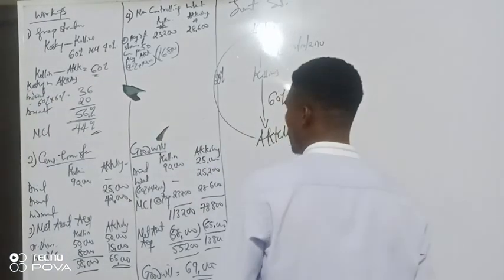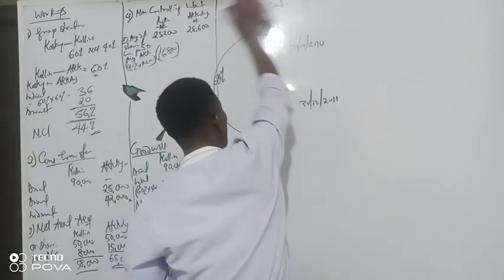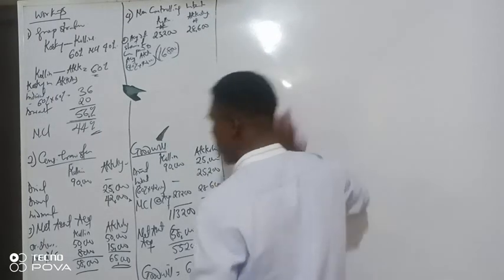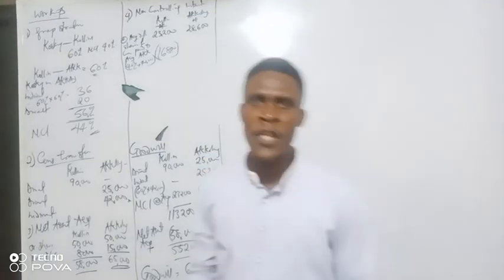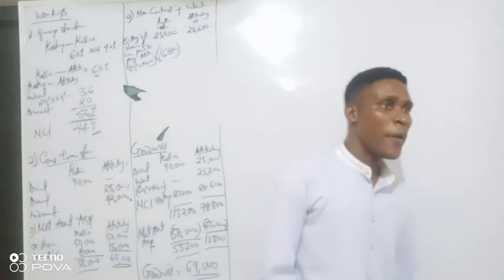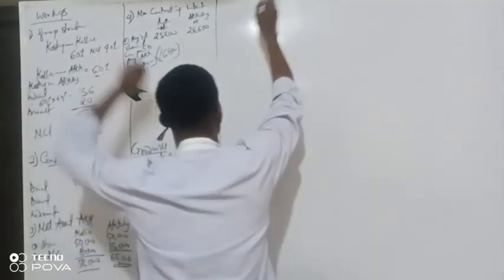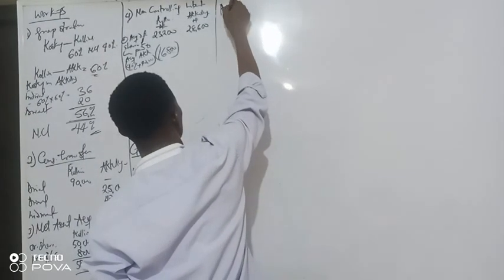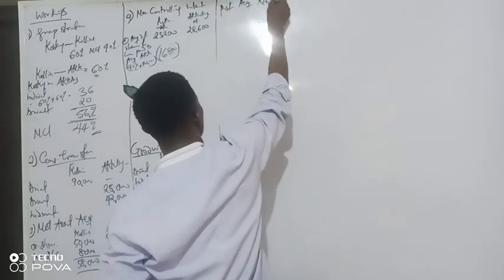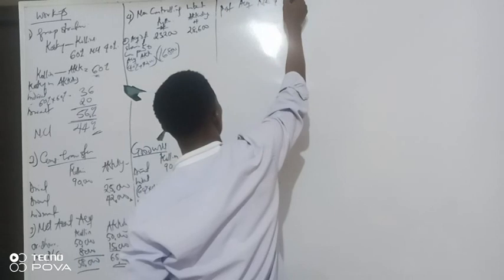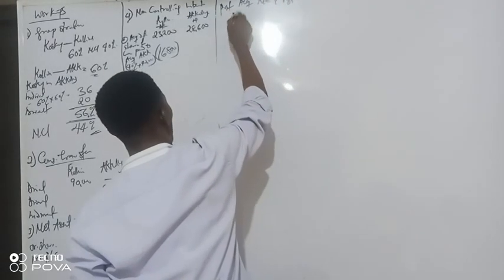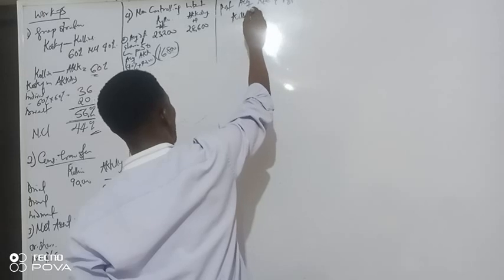Our post-acquisition retained earnings for our subsidiaries. Some subsidiaries have reserves, so I want to separate post-acquisition retained earnings and revaluation surplus. Let me do that for Collins first.